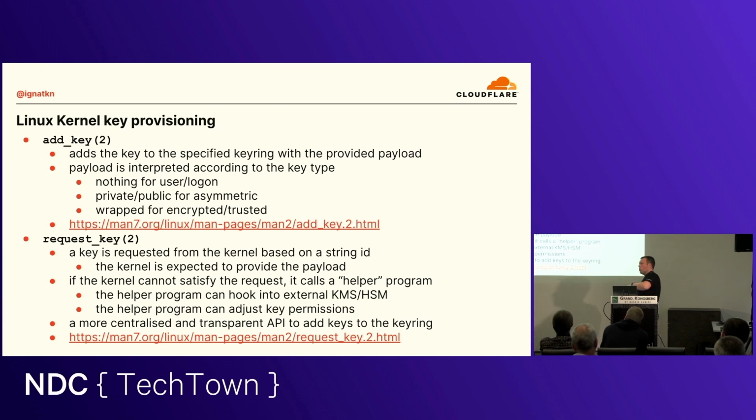So the kernel can call out back to user space to a helper agent program, which can then hook into external or internal HSMs, KMS, and other stuff. That helper program is like a centralized extension of the keystore and can adjust key permissions, implement arbitrary security policy, etc. It's a more centralized and transparent API to add keys for the kernel keys.